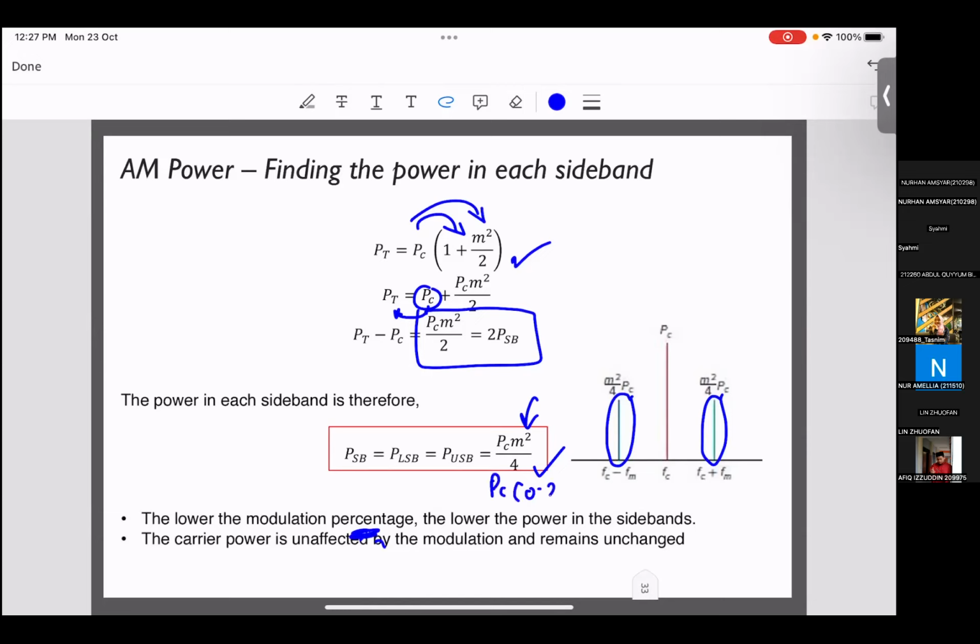So you have to multiply this by 0.25, which is going to be divided by 4, compared to if the modulation was 1. So the lower your m, the lower the power in the sidebands. The carrier power is unaffected by the modulation and remains unchanged. Only the sidebands are affected.